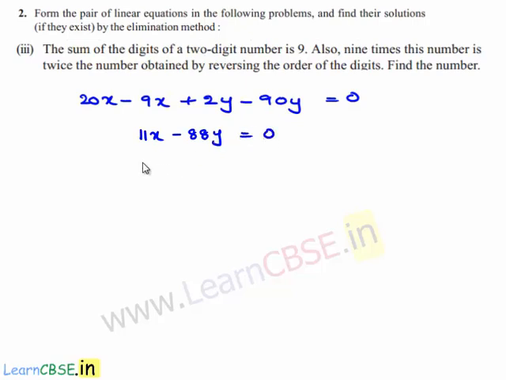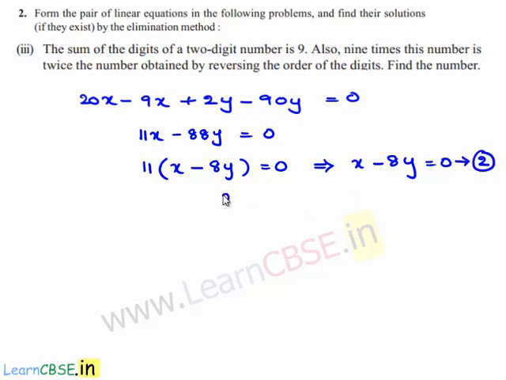Now we can take 11 as a common factor. X minus 8Y is equal to 0. This implies X minus 8Y is equal to 0 is the second equation. The first equation is X plus Y is equal to 9.